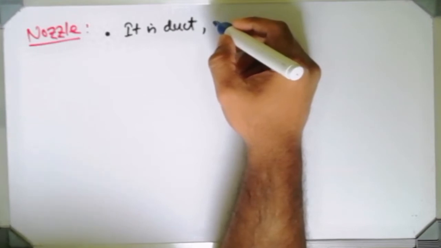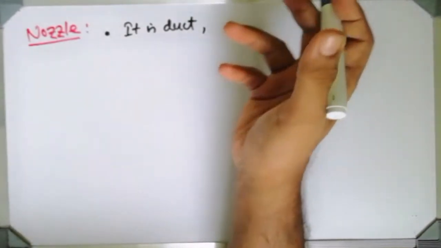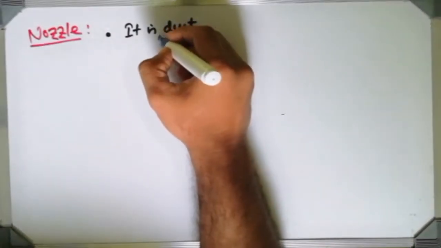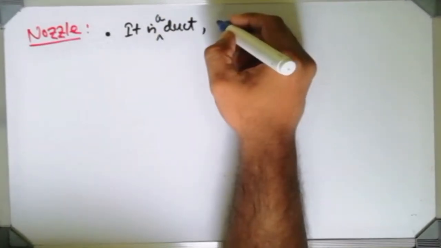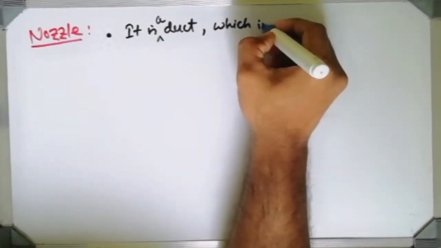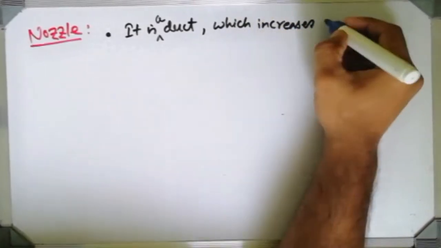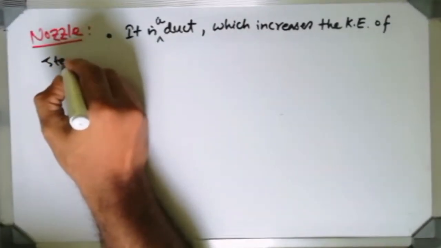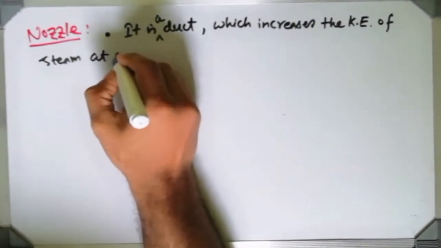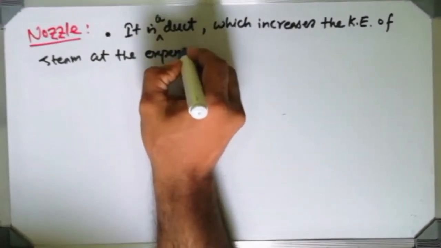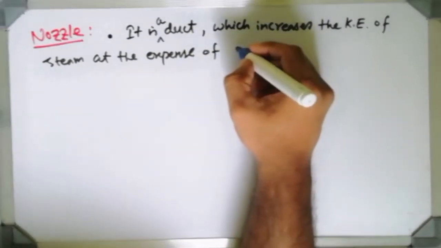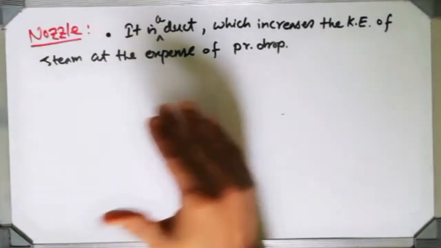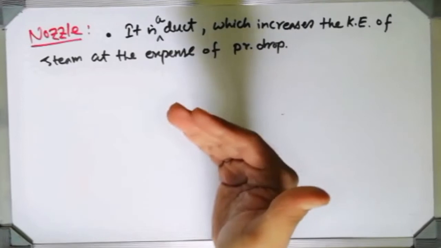So the nozzle decreases the pressure energy; at the expense of pressure drop, it increases the kinetic energy. So it is a duct which increases the kinetic energy of steam at the expense of pressure drop. So the pressure of the steam will drop, and as a result the kinetic energy of the steam will increase.